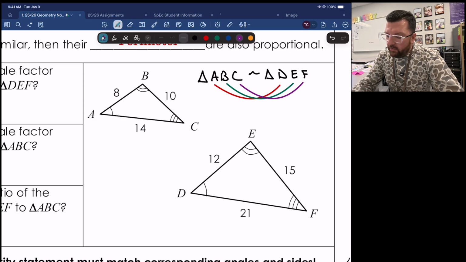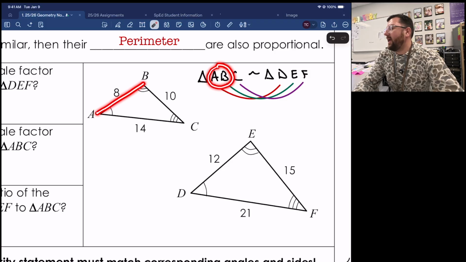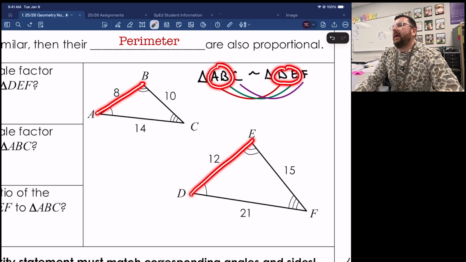Because what I know is that there is a distance between A and B. Right? Between A and B, there's that distance. Well, there can be a ratio between that distance and the distance between D and E, which is here. And because my triangles are similar, we can create a scale factor.